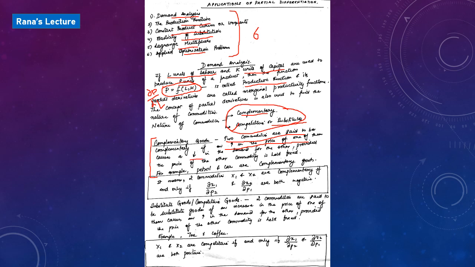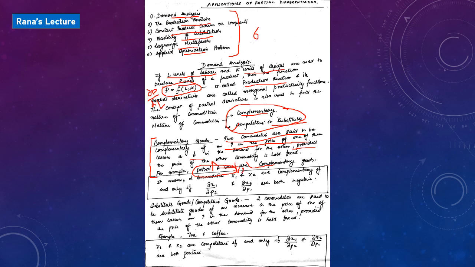Let us take the example of petrol and car. इसका मतलब ये है कि अगर पहला commodity मान लेते हैं पेट्रोल है, इसका दाम बढ़ेगा तो दूसरे commodity का डिमांड पे असर होगा. इसका मतलब कार का जो डिमांड है वो घटेगा. Only on the condition कि कार का जो प्राइस है वो फिक्स होना चाहिए. It doesn't change. Such type of goods are known as complementary goods.